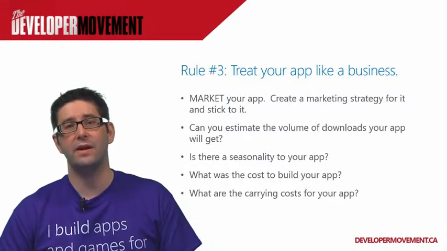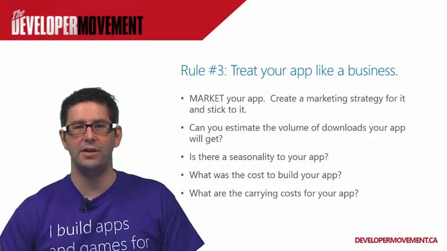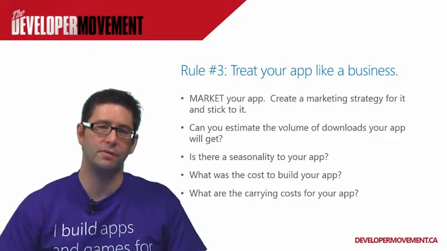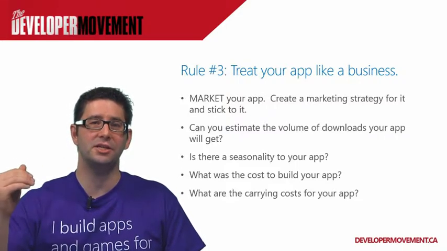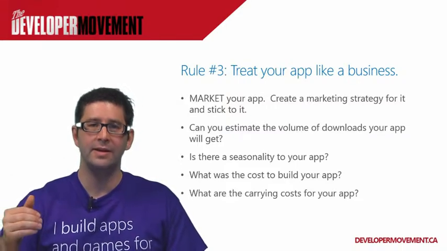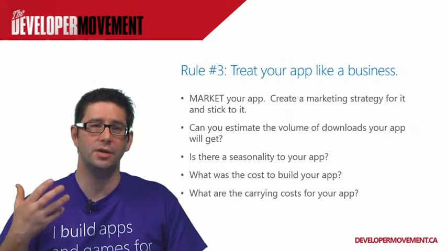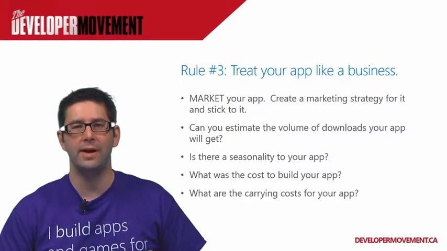And then you may have carrying costs associated with it as well. So what are the things to maintain your application? You should have a good roadmap for how you're going to evolve your application over time. Upgrading your application shows that the application is healthy, that it's living, that your users have confidence in because they see that you are paying attention and you are treating it like a business as well. So these are things that you have to keep in mind.